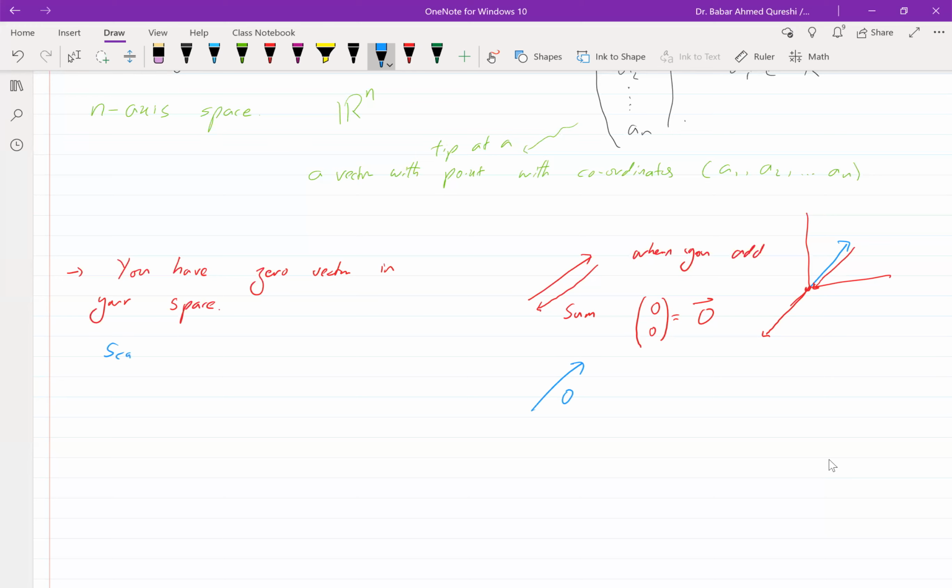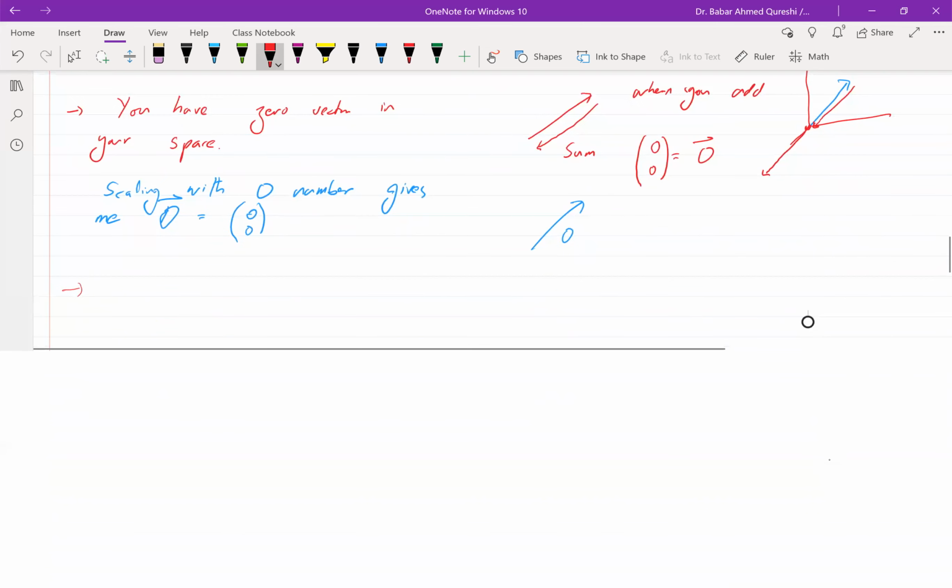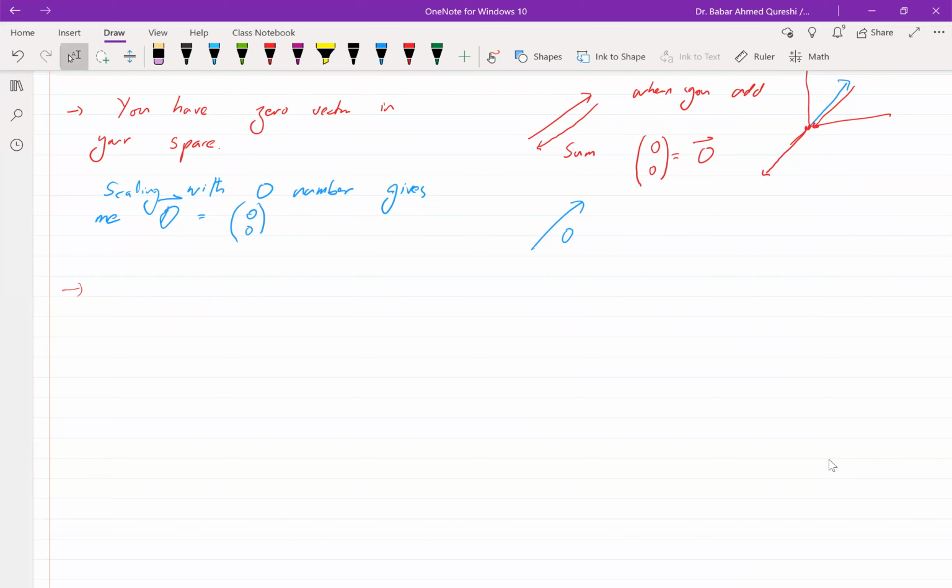So scaling with the number 0 gives me the 0 vector, which is this vector. Because that's the rule. You multiply your number with the components. So when you multiply with a 0, you will come back to the origin. These properties, which are pretty obvious, you all know about these. I'm just collecting them again over here.